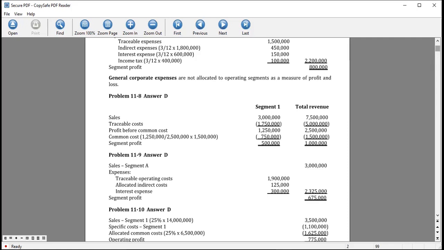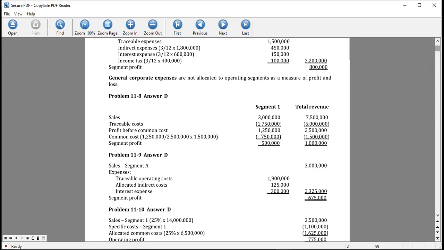The entity allocates common cost of 1.5 million based on the ratio of its segments' income statement.